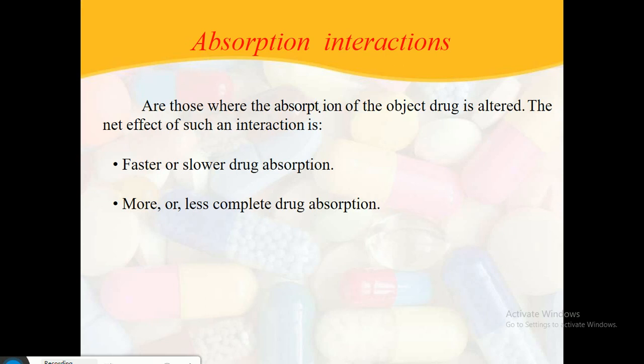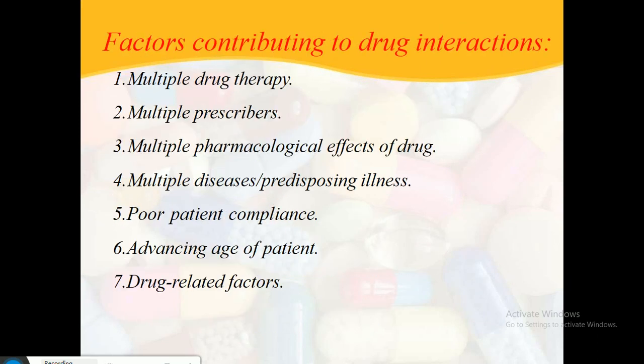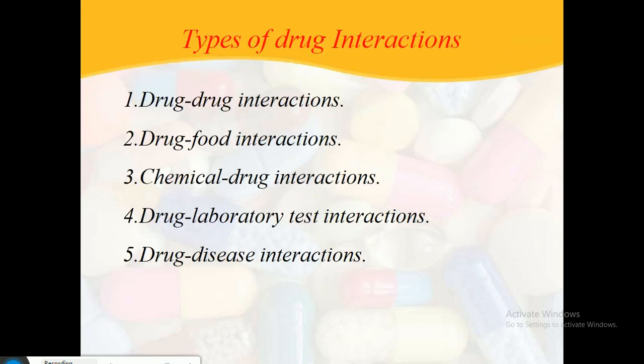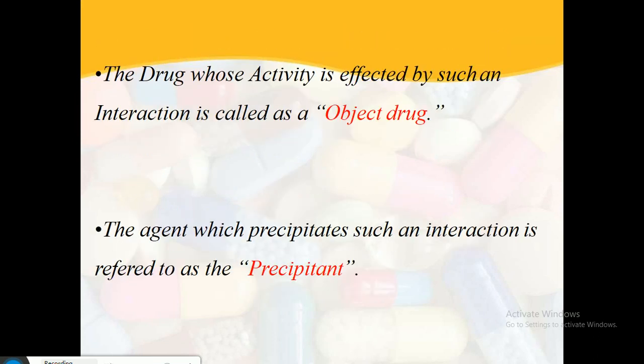So now we will talk about the absorption interaction, that is, how absorption takes place. Absorption interactions are those where the absorption of the object drug is changed. As we have discussed in the previous lecture, the drug whose activity is affected by such an interaction is called the object drug.